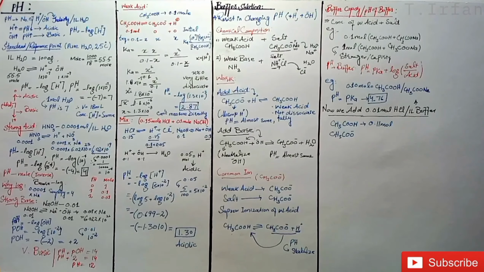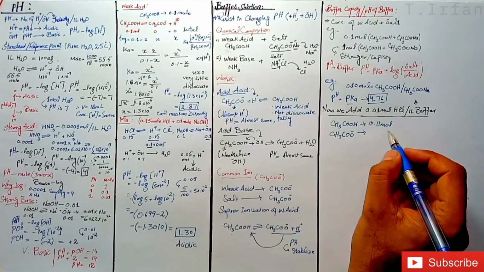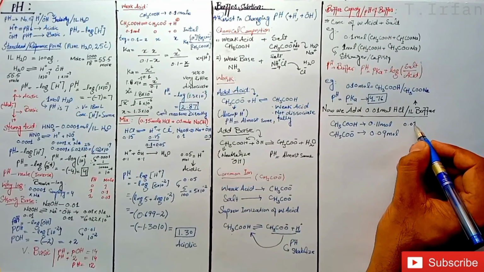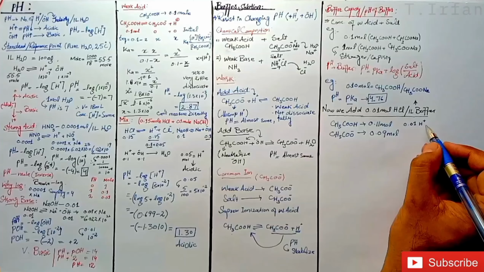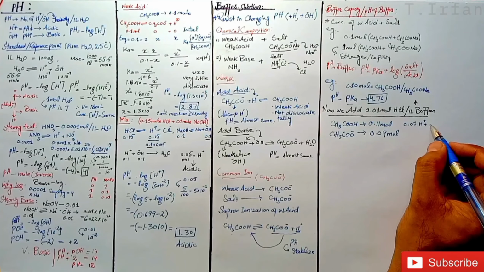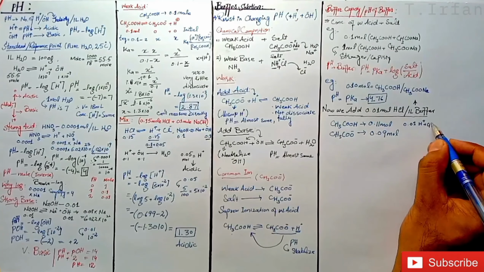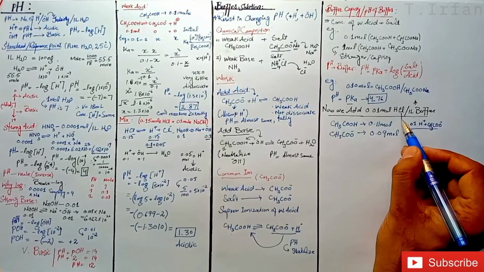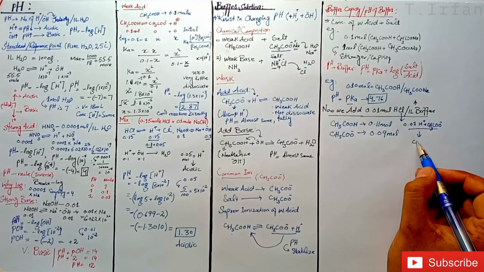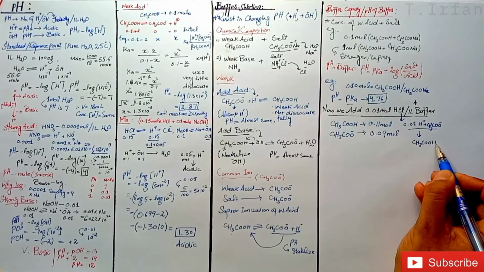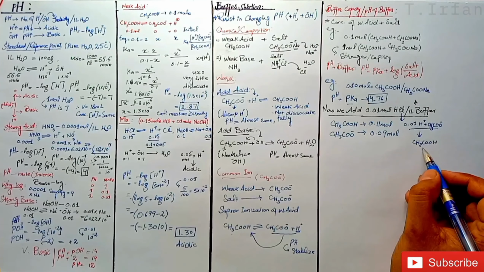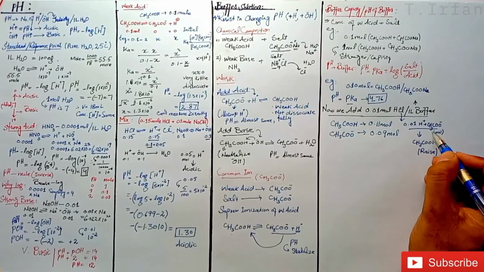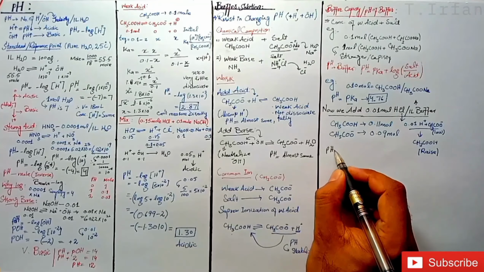And we can also say that the concentration of acetic acid changed from 0.10 mole to 0.11 mole, and the concentration of the salt changed from 0.1 mole to 0.09 mole. So 0.01 mole of hydrogen ion from hydrochloric acid reacts with acetate ion or salt and forms acetic acid. So the concentration of acetic acid increases and the concentration of acetate ion or salt decreases.